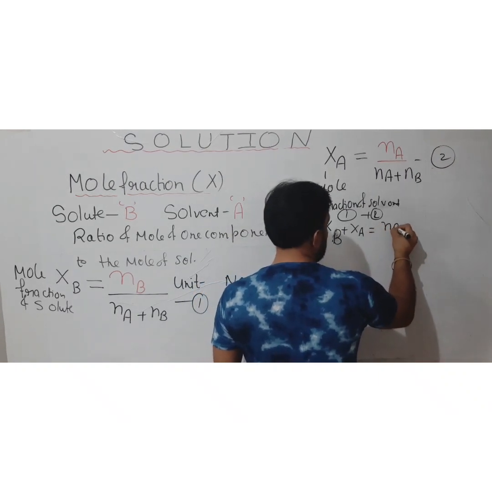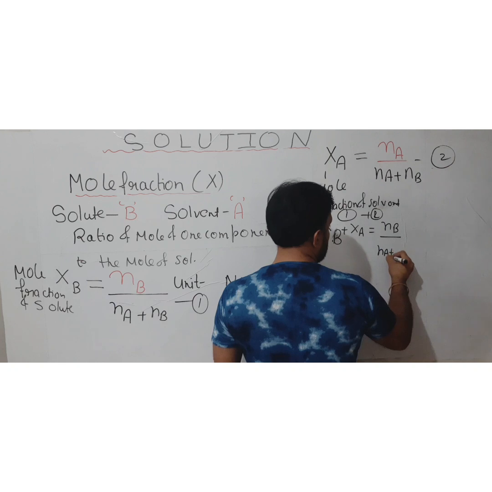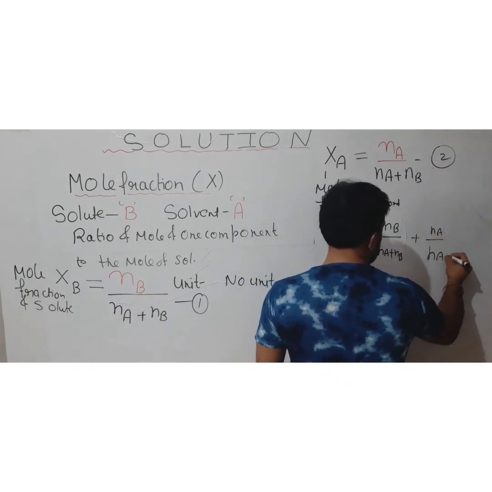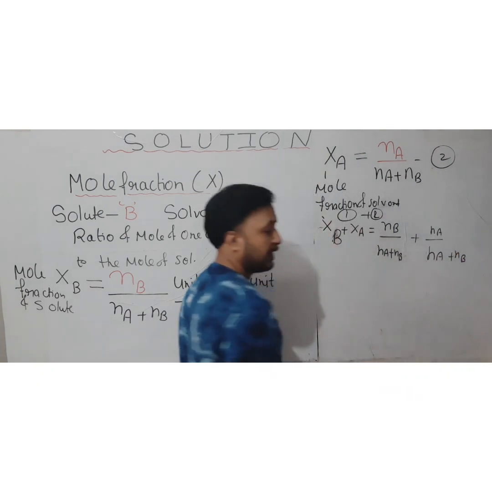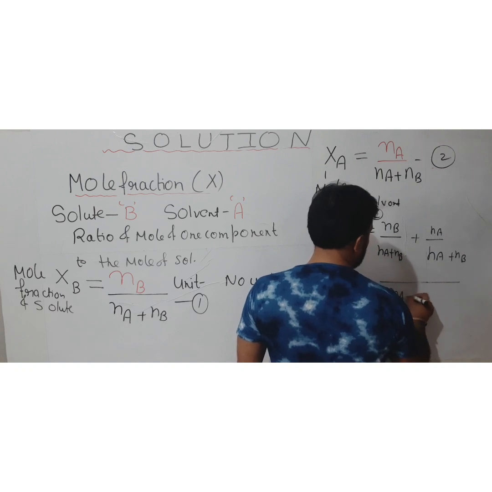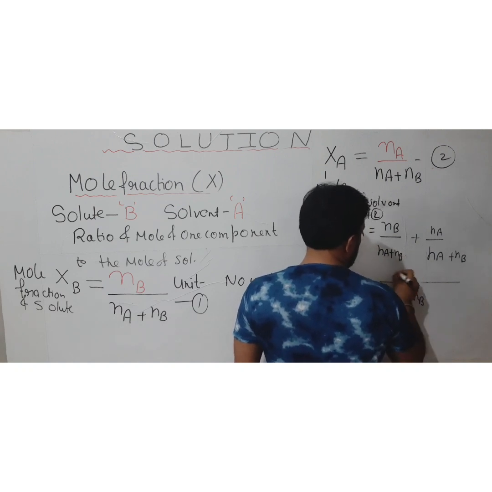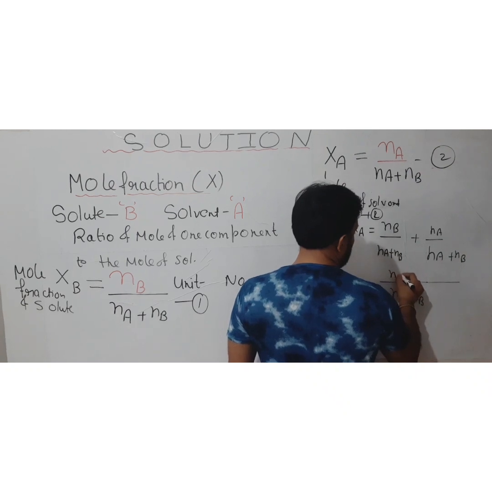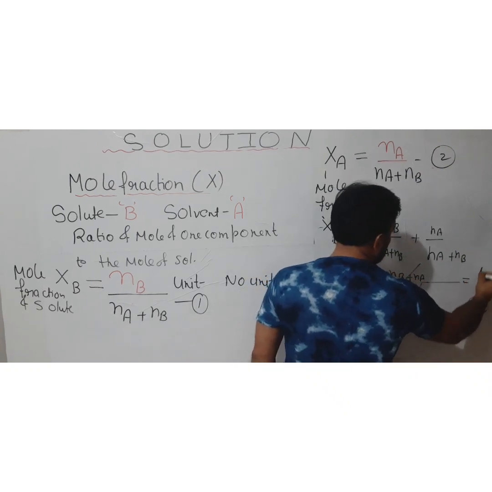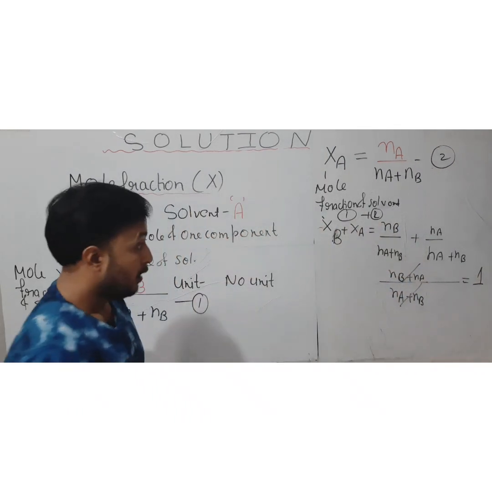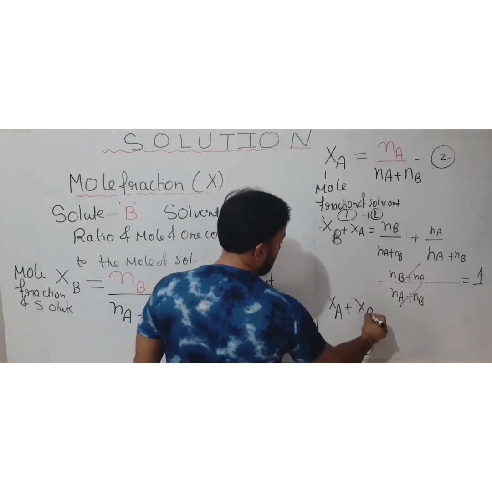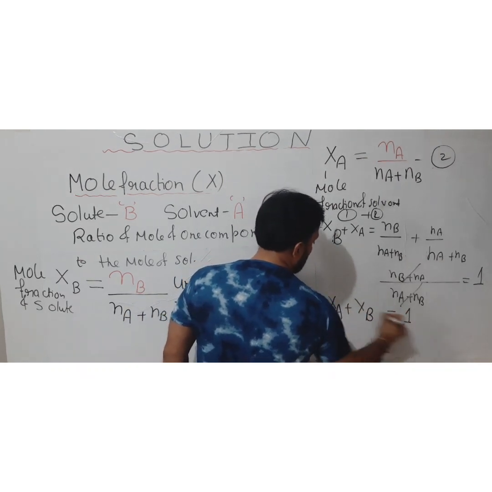It will be Nb upon Na plus Nb plus Na upon Na plus Nb. When we take the LCM, it will be Na plus Nb, and here it will become Nb plus Na. So both the quantities will get cancelled and automatically you will get 1. So what it shows is that Xa plus Xb will always be equivalent to 1.